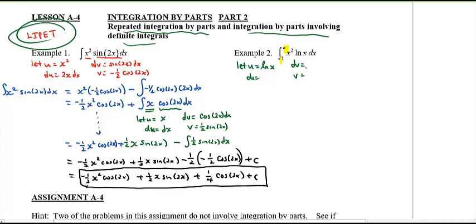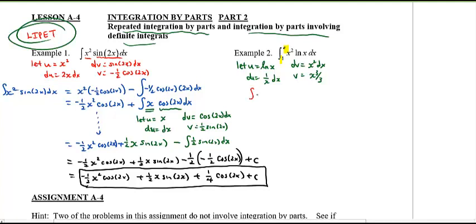So ln x is your u, so that means x squared dx must be my dv. Now I can quickly go ahead and find du. Do you remember the derivative of natural log? I hope you do. It's 1 over x dx. And the antiderivative of x squared, that's x cubed over 3. So here we go. Okay, let's just ignore the limits and let's just quickly find the integral first.